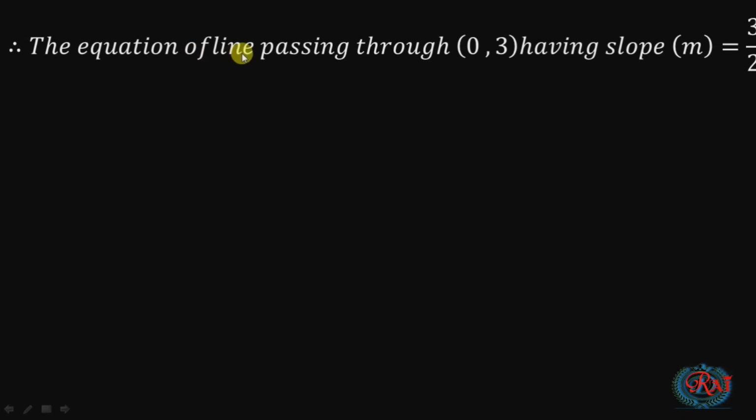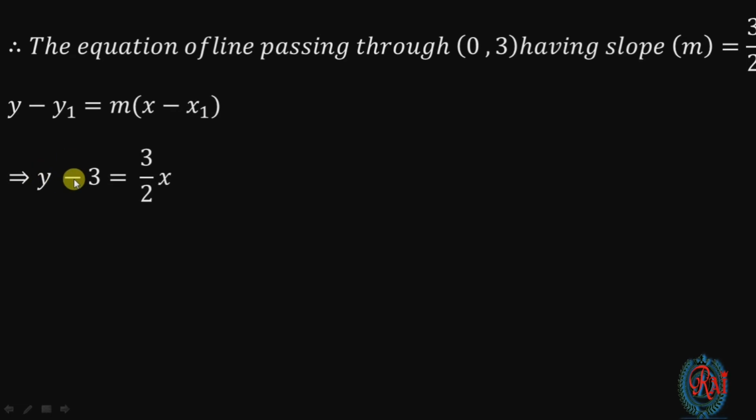Therefore, the equation of the line passing through the point (0, 3) and having a slope m equal to 3 by 2 is given by the formula y minus y1 is equal to m(x minus x1). So y minus 3 is equal to 3 by 2 times (x minus x1), and x1 is 0, no need to write.